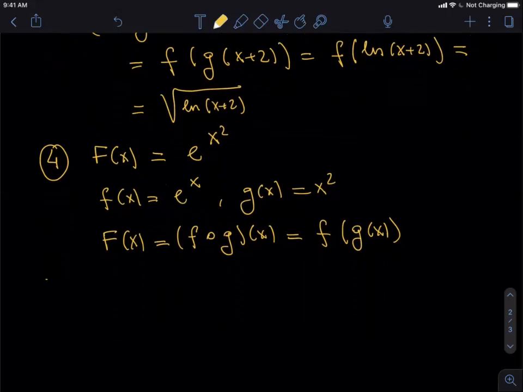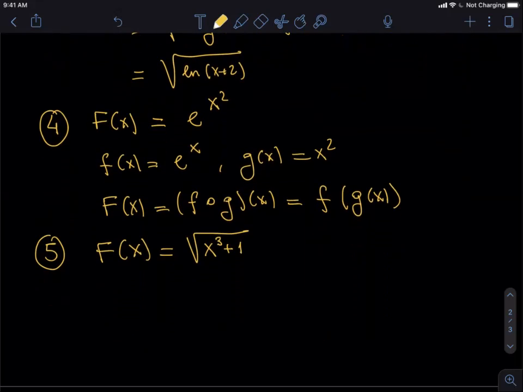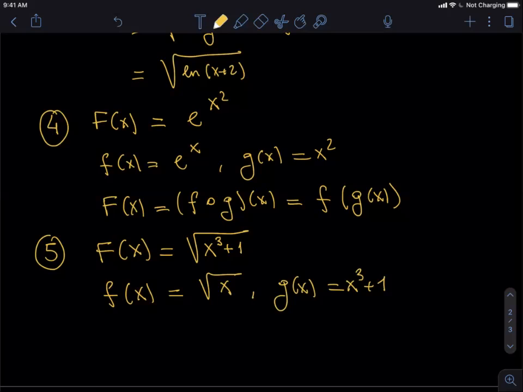Let's do one last example. For this one, I suggest that you stop the video and try by yourself to write this capital F of x as a composition. Okay. Here we clearly have 2 functions. One is the outside square root, and then we have the inside x to the power 3 plus 1.